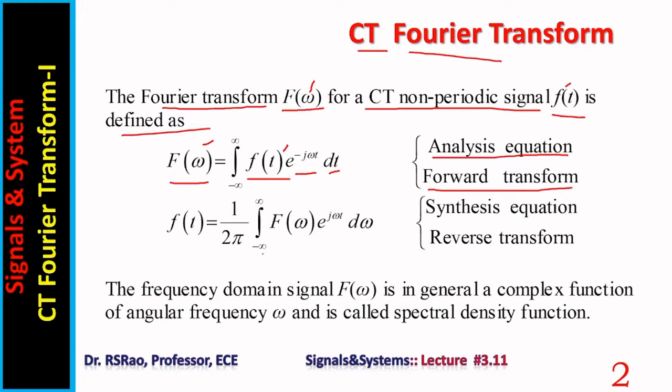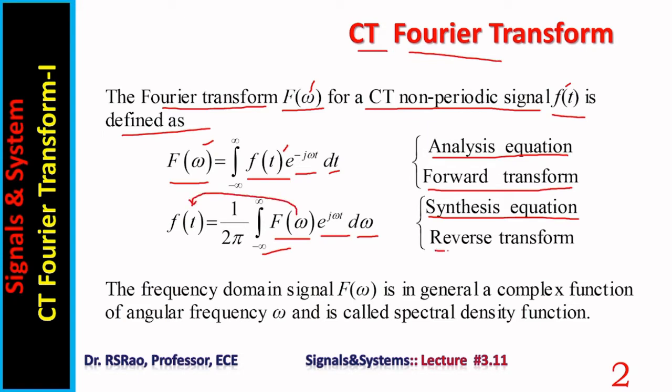Now let us come to the second equation, which is called synthesis equation. f of t is equal to 1 by 2 pi integral minus infinity to plus infinity F of omega e power j omega t d omega. We can see it converts frequency domain signal into time domain.